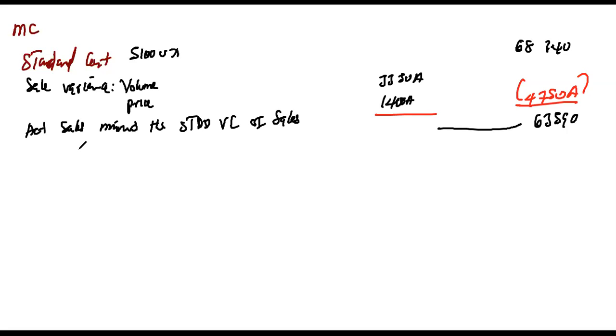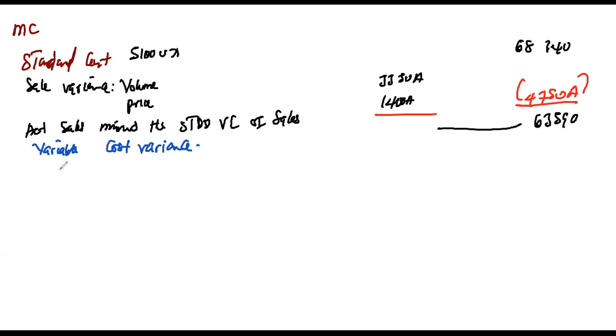So we bring our variable cost variances. Remember, there we brought what we call the cost variances. Now this time we are calling it variable cost variances, because we don't include fixed cost variances in this statement.